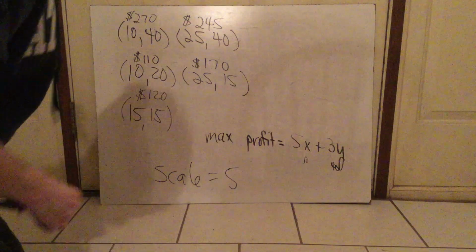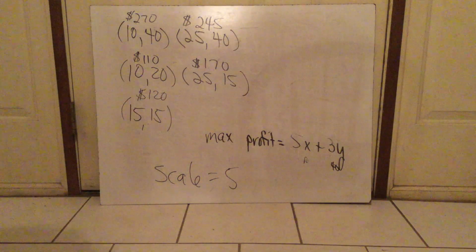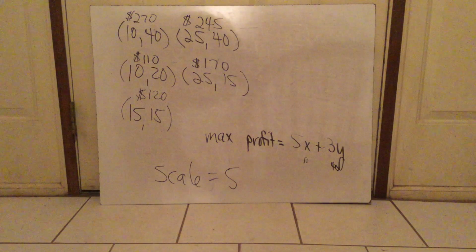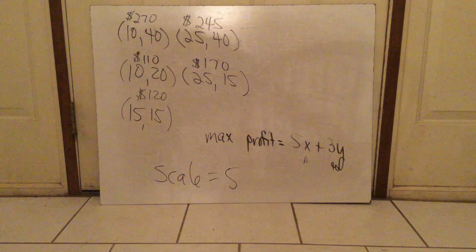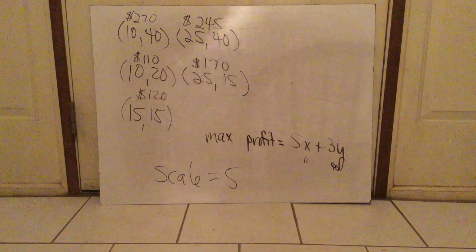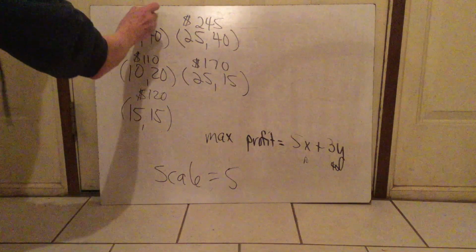So we plug everything in, and then what are we looking for? We're trying to maximize our profit, right? And if we're trying to maximize our profit, then we need to find the biggest profit, and I guess that's right here.